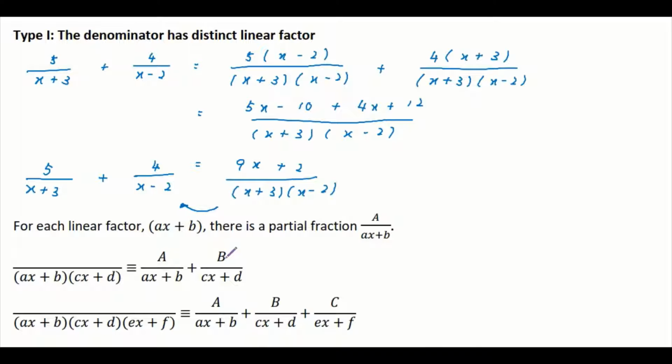The numerators are two numbers which we will need to find out by using an equation later. The same thing if I have three linear factors: I will have three fractions with a constant as the numerator.